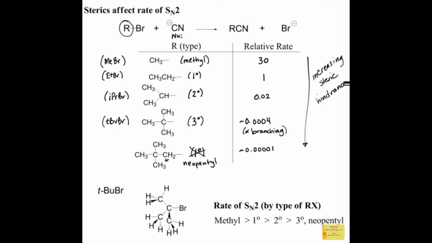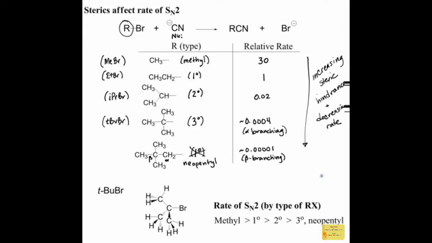And for neopentyl, we don't have any branching at the alpha carbon, but right away on the beta carbon, the very next carbon over, if we lettered these, we have branching. And so this effect is due to what's described as beta branching. Okay, but clearly both of these are very sterically crowded, and we definitely see a decreasing rate as we move down this list and increase our steric crowding.